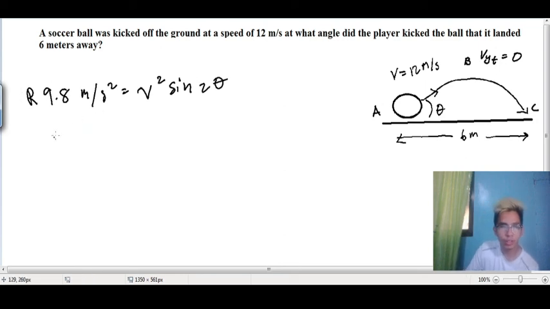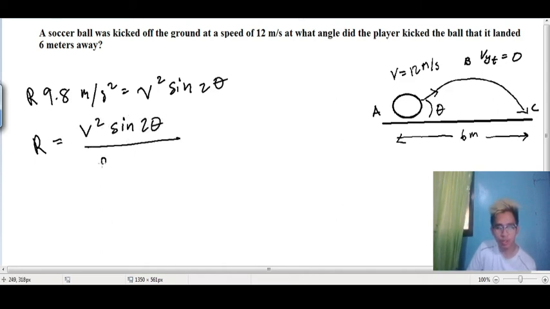Let me give you an insight about this. So, r is equal to v squared sine 2 theta all over 9.8 meters per second squared. This is the formula that you are going to use in finding the range. You can memorize this, it's easier for us to memorize this.